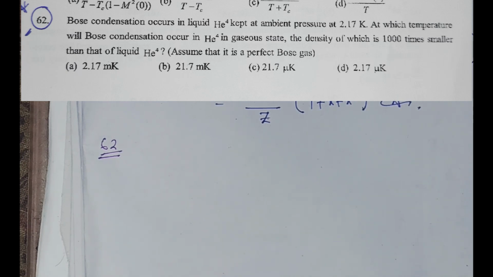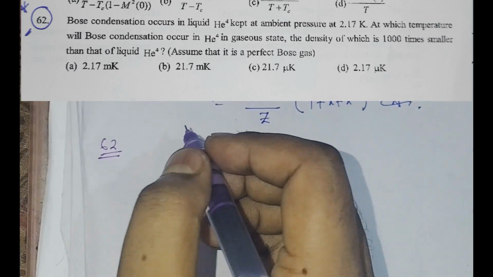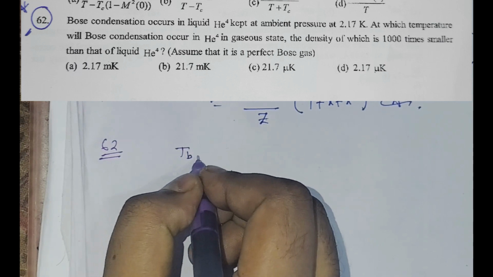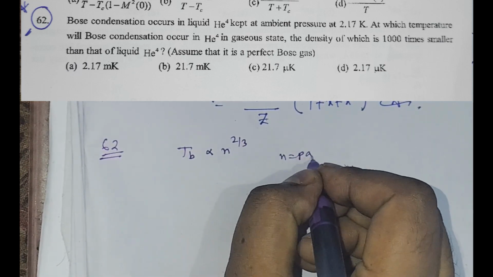Let's see, what's the formula? I think you have already been thinking about this formula, that for Bose-Einstein condensation, TB varies as n to the power 2 by 3, and n equal to particle density.